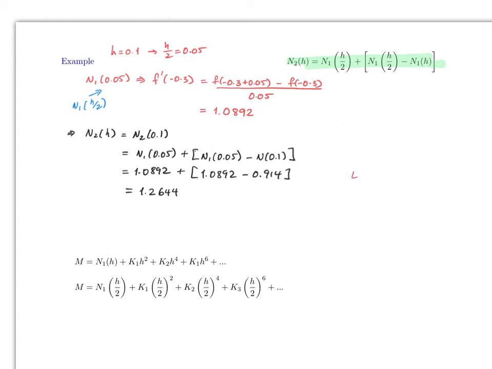Notice that this is very close to the exact solution, or definitely closer than N1.